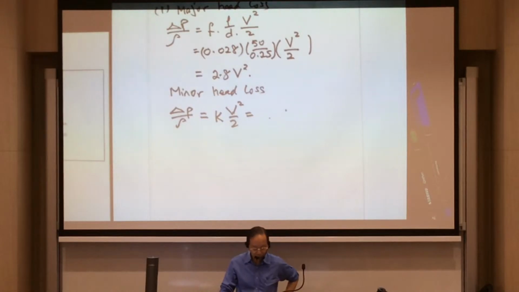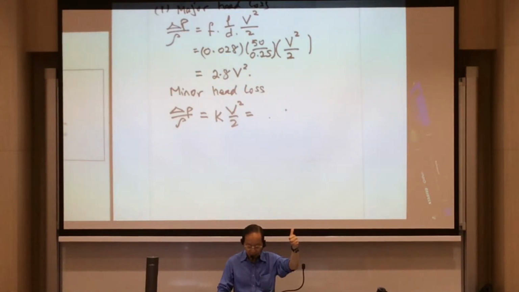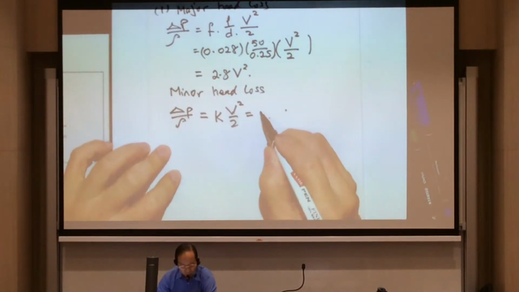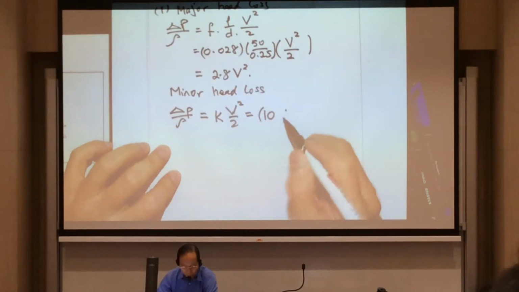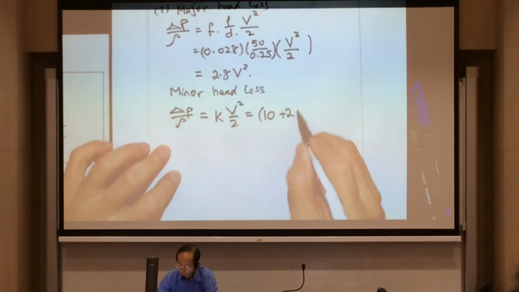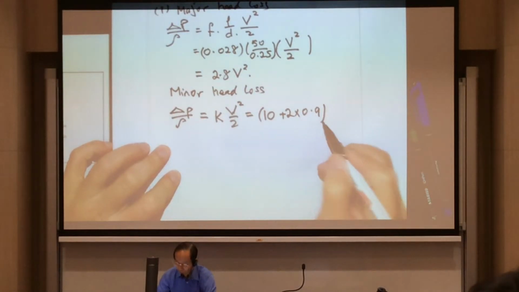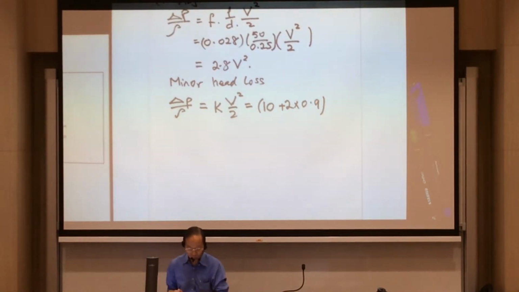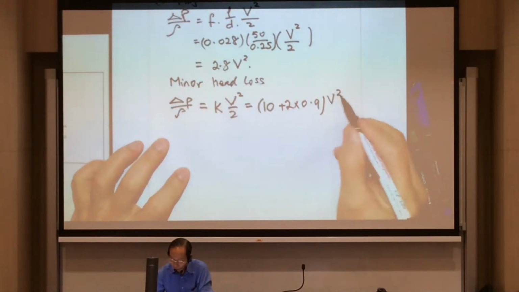What's the value of the loss coefficient? Anybody? You have the globe valve, K is 10. And you have two 90-degree bends, with coefficient of 0.9. So the total K will be 10 plus 2 times 0.9. For the bends and the globe valve, there are two bends, so 2 times 0.9, times V squared over 2.